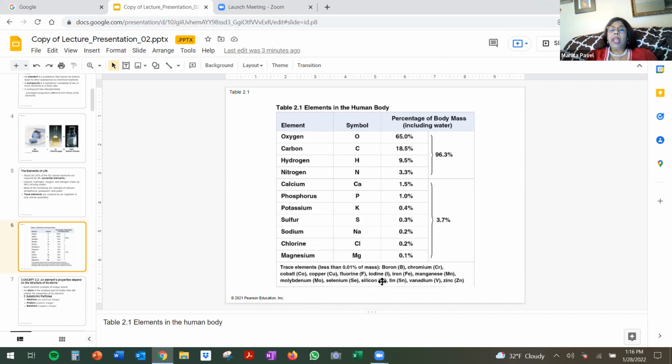Fluorine, F, iodine, I, iron, Fe, ferrum is the Latin name. Manganese, capital M, lowercase n. Molybdenum, Mo. This is not such a common element in our day-to-day life. Selenium, you don't really hear it too often.